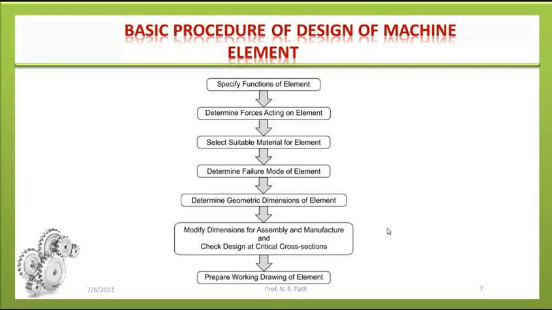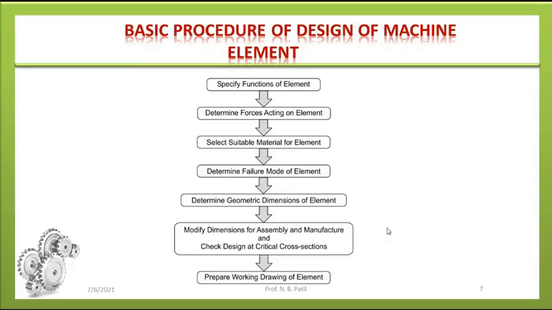So likewise, you have to identify the failure criteria in every particular element. Now let's say we are focusing on the design of the shaft only. The shaft is used to transfer power from one distance to another.